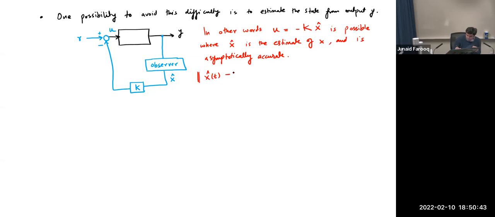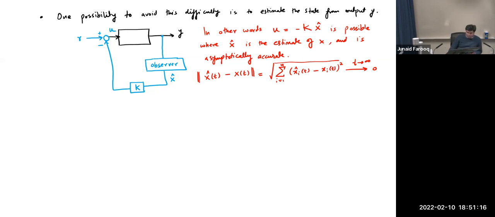at time t minus x of t, which is the kind of error here, or mean squared error, which can be written as the sum of i equals 1 to n of small xi of t hat minus small xi of t, whole squared, and this goes to 0 as t goes to infinity.